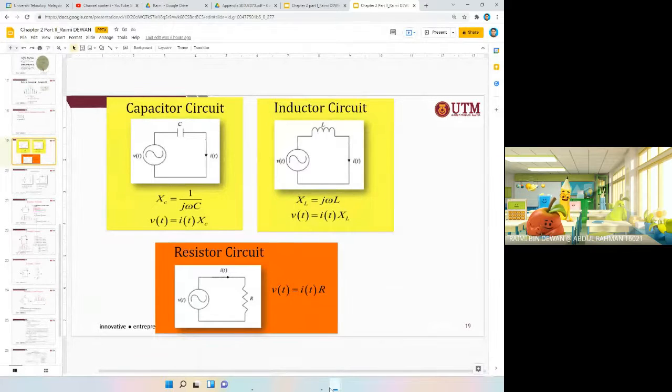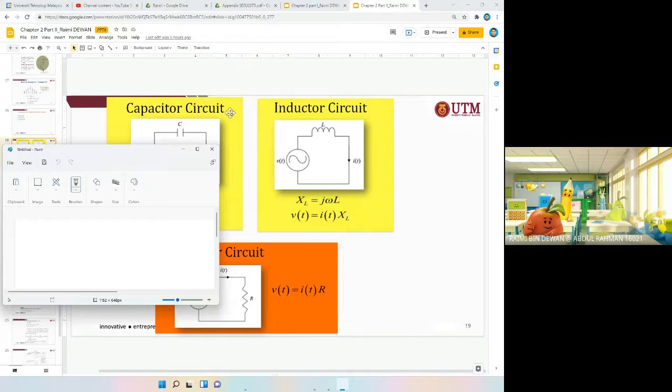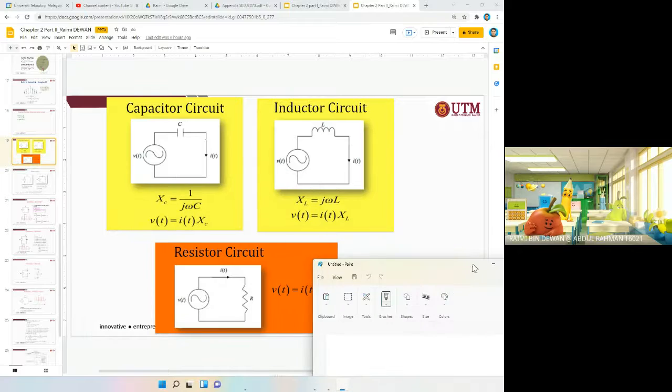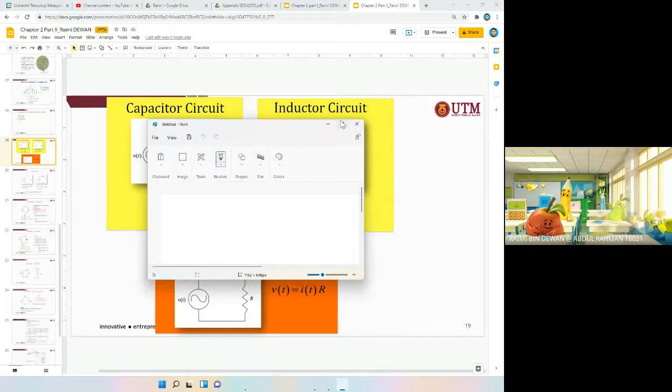Let me take the pen. So you know resistance, right? Resistance is your R, a real number. And then you have something like resistance, but we call it reactance, for the inductance or capacitance, so you have jX here.